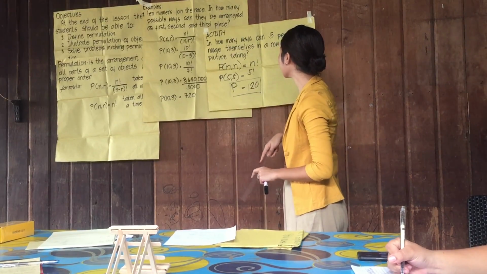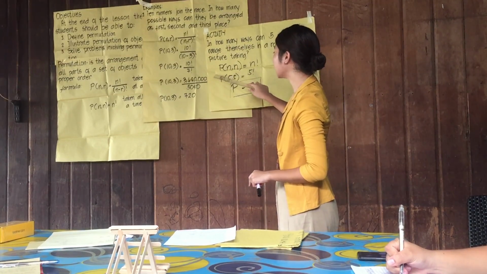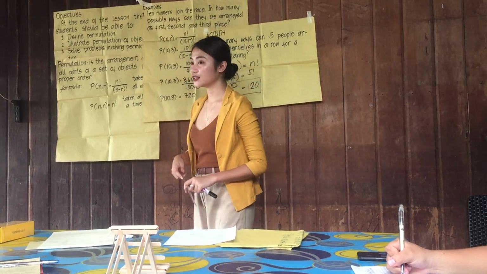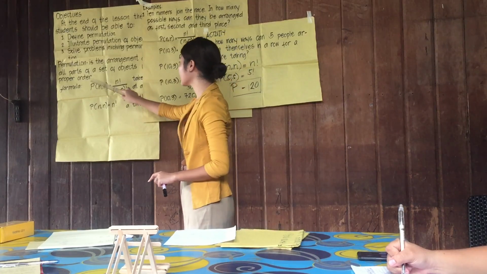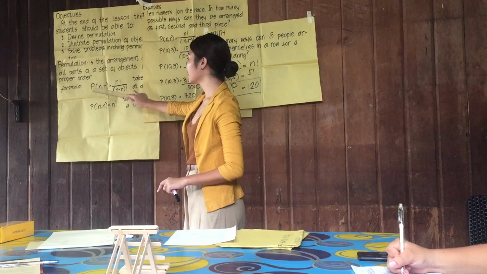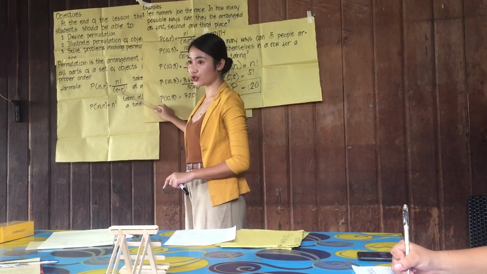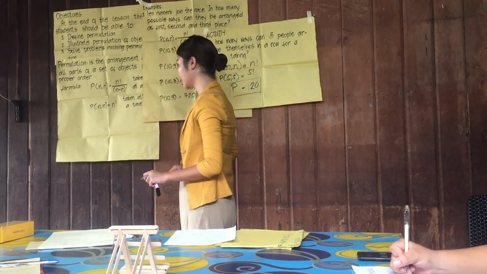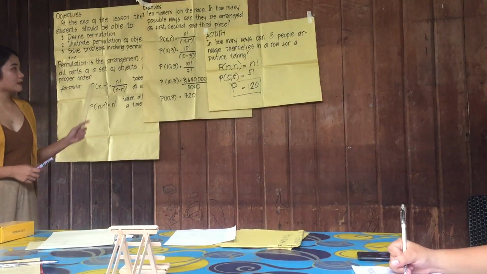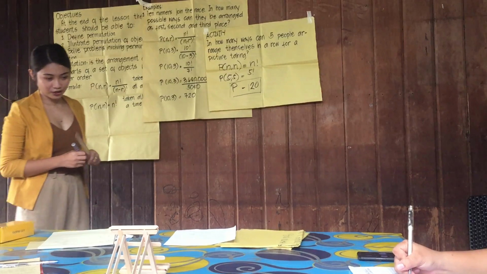If there is only one given number, it is automatically taken at all time. However, if there is a second given number, it is taken r at a time, or P(n,r) is equal to n factorial divided by n minus r factorial. Did you get it? So you already know the difference between the two formulas? Yes, ma'am. Okay, very good.